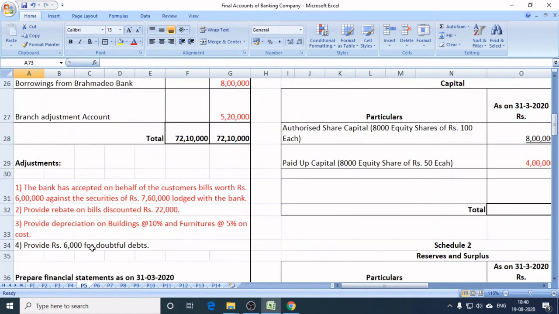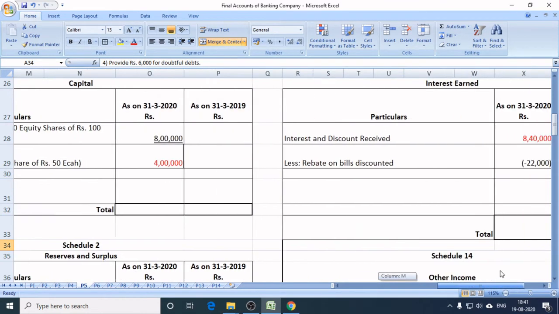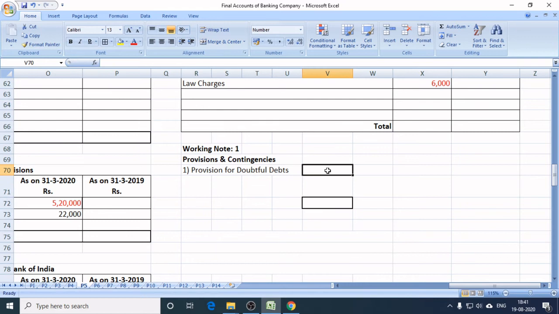Okay, now the next is make a provision for doubtful debts. Doubtful debts are nothing but the irrecoverable loans of a bank. Means not exactly equal to irrecoverable loans of a bank, but on account of the irrecoverable loans, this provision is made of rupees 6,000. So first show it under provisions and contingencies. Here rupees 6,000.